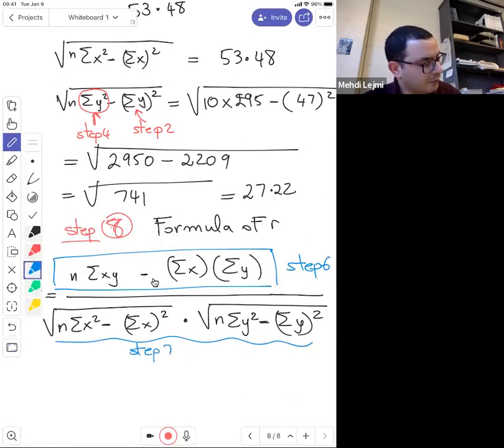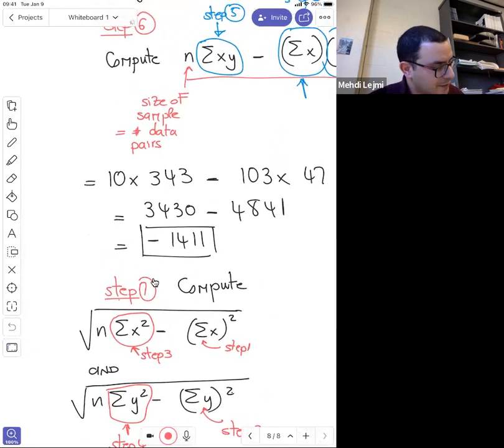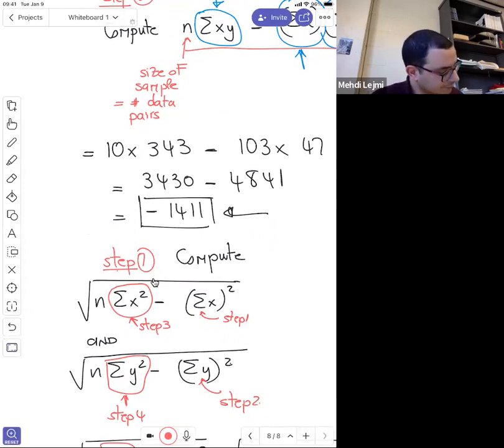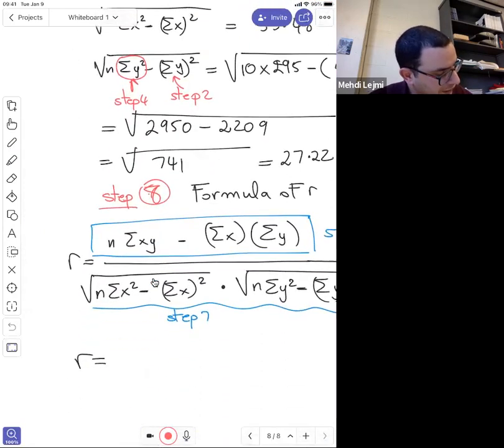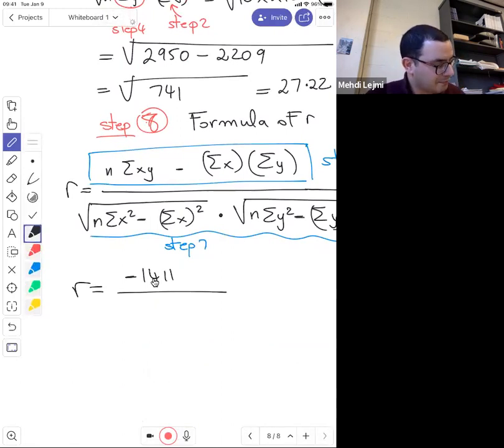So in our example, the top, which is from step number 6, we got this negative 1411. So negative 1411 over. Now from step 7, we have this square root of N times the sum of the X squares minus the square of the sum of the X's.